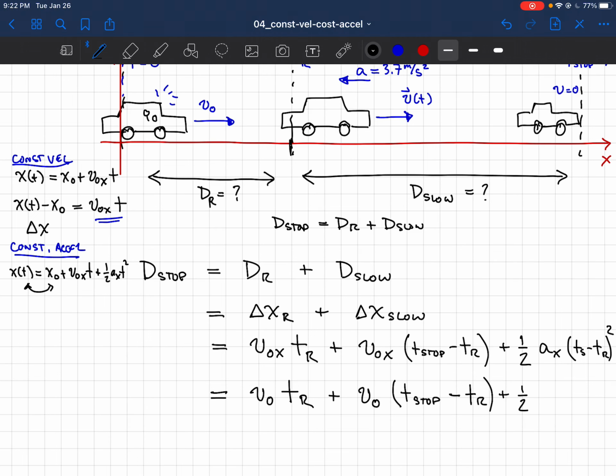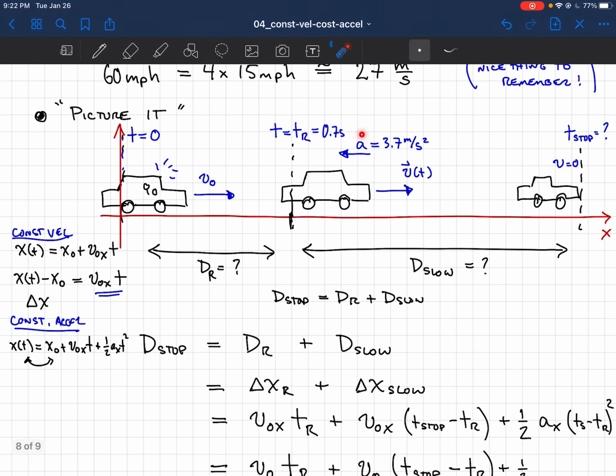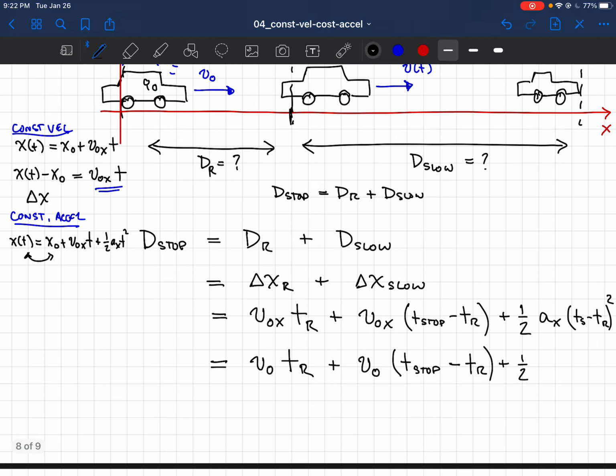And then we have plus 1/2 and ax. Well, now we look at the a vector and we see that it points backwards, so that's going to be a negative component. So I'm going to write ax as minus a, minus the magnitude. So that's minus a, and then I have t stop minus t react squared. So the distance to stop is written like that.